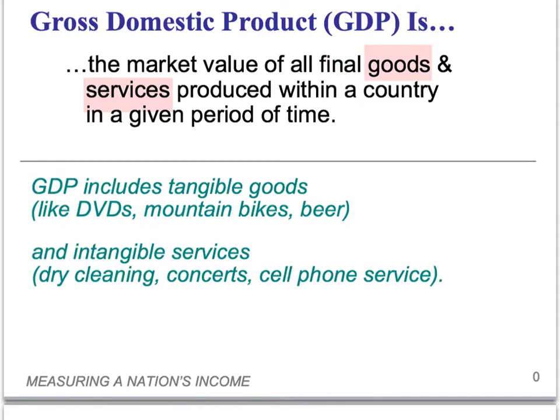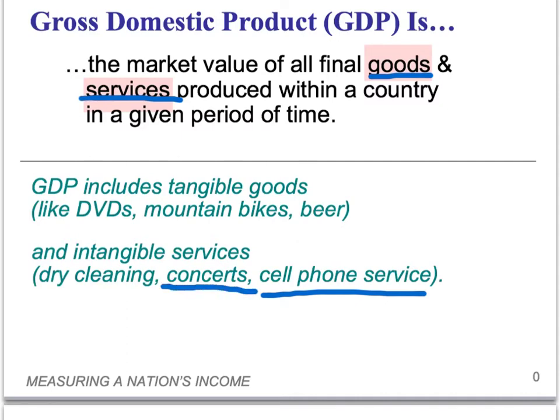And it's looking at both goods and services. It's always easy to count goods. It's not as easy to count services. Cell phone service: you pay to have reception on your cell phone. You can't see it, you can't touch it, but it's there, and you know when it's not there. You can pay to go see Lady Gaga.